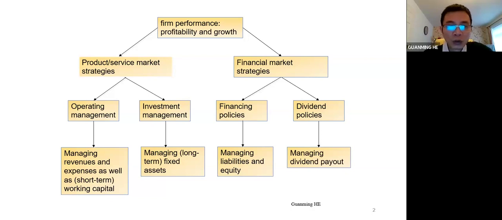These strategies involve operational management, investment management, stipulation of financing policy, as well as dividend policy in a good and reasonable way. In this speech, I will deliver how to assess the efficiency of the company's operational management, investment management, financing, and dividends payout.